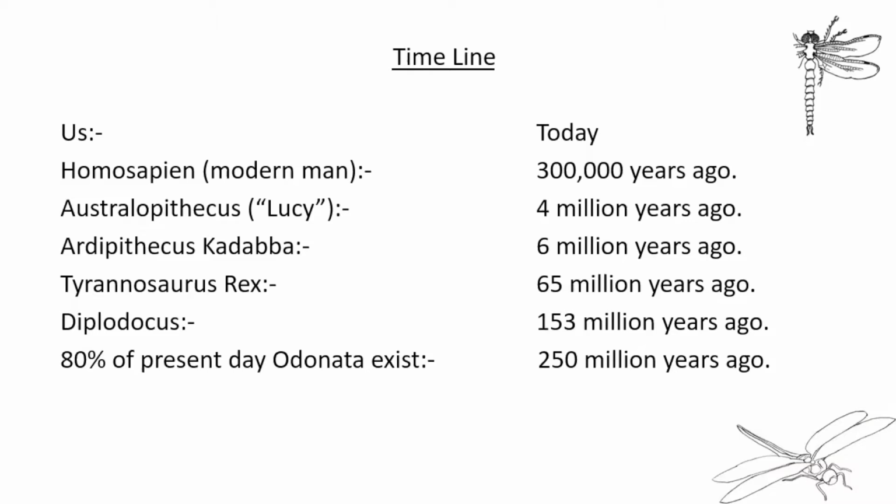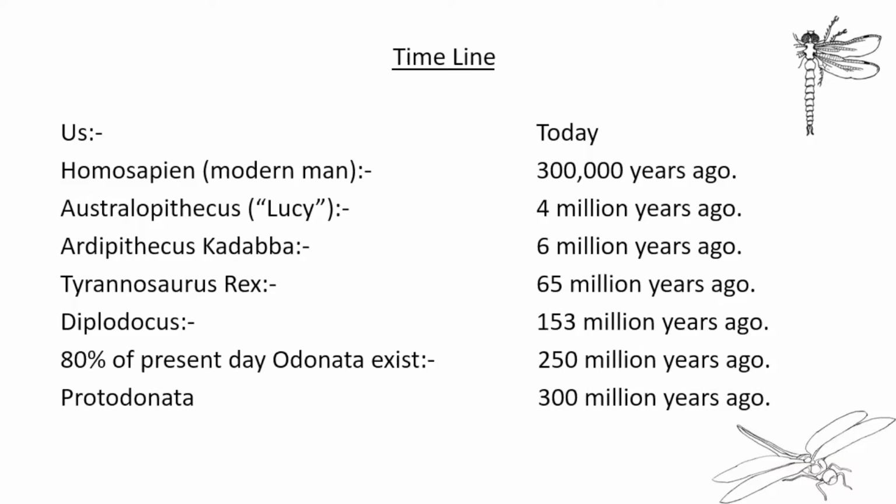So some of our dragonflies now are direct descendants of the ones that were there then. Some have split off since, but quite a fair number have been around for 250 million years, which is quite impressive considering the amount of time we've been around and mucked everything up.